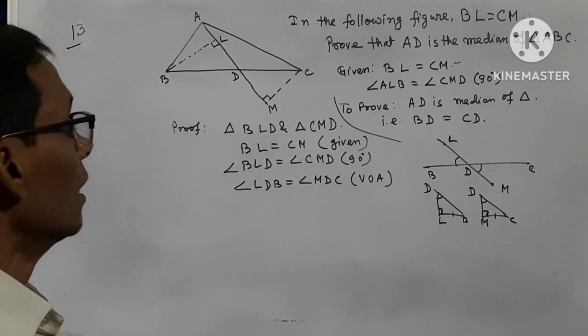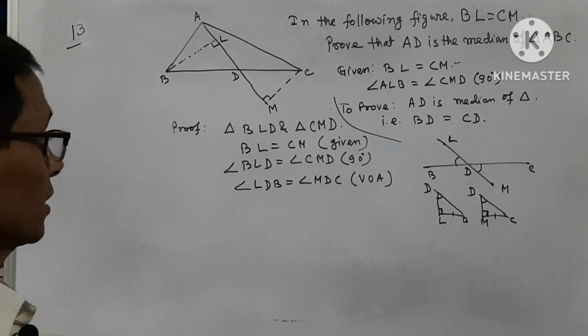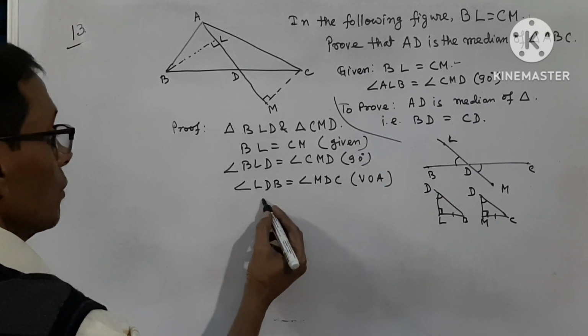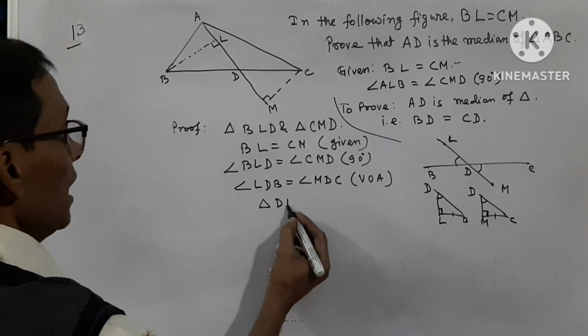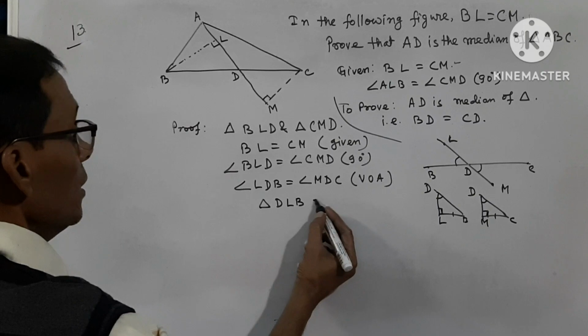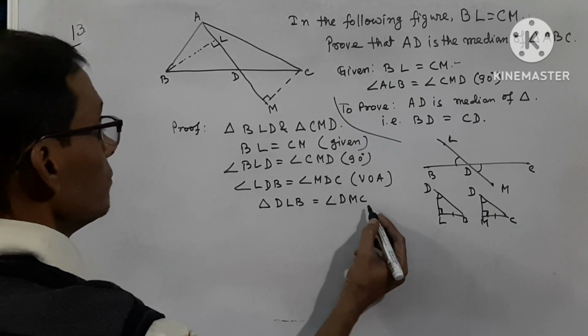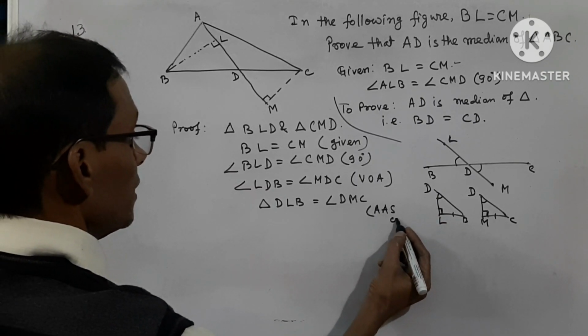Though it is a right angle triangle, it doesn't fall in the RHS category, but it is two angles and one side. So you can write triangle DLB congruent to triangle DMC, by the angle-side-angle criterion.